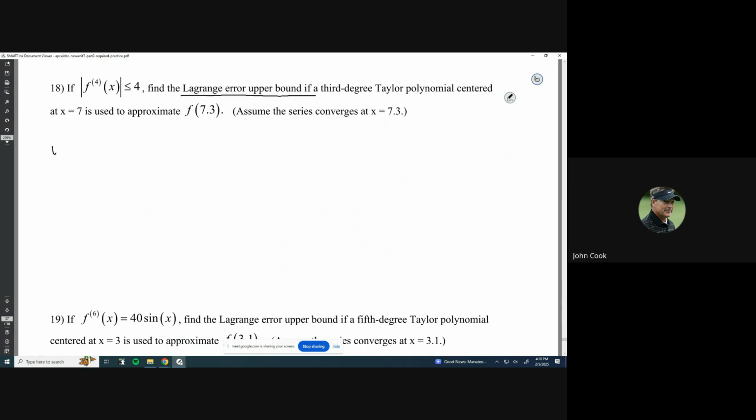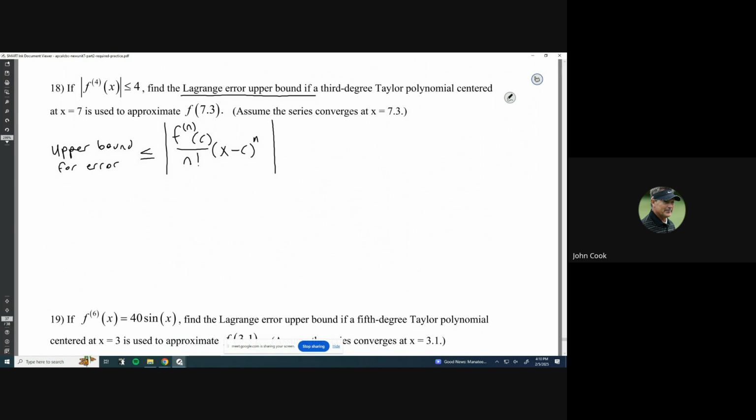Ready? The upper bound for error is always less than or equal to the absolute value of this thing. And here's how you construct it. Here's how you put together the equation. You use that Taylor polynomial pattern, f^(n) of c over n factorial times x minus c to the power of n. And you just do two little tiny changes.